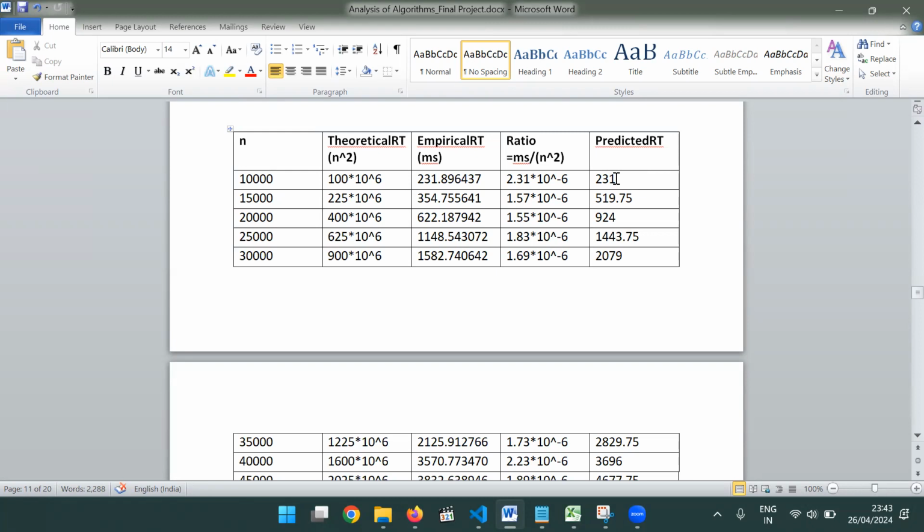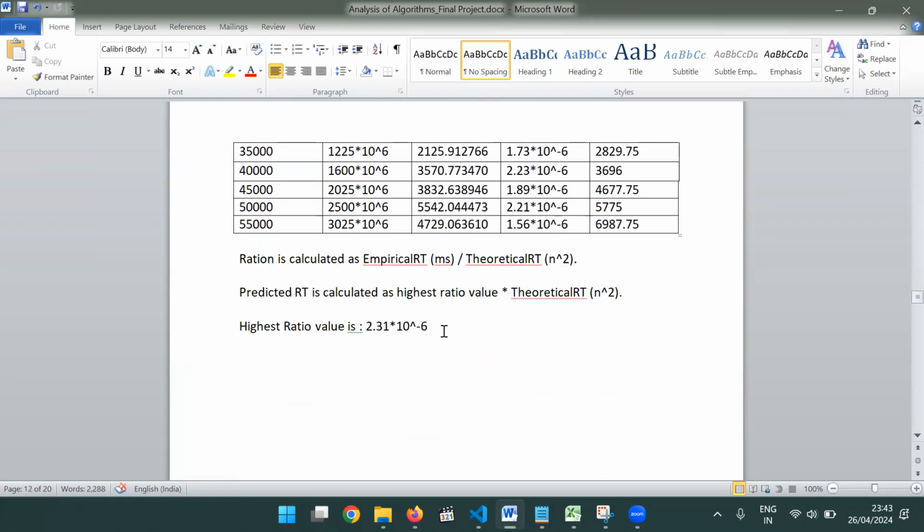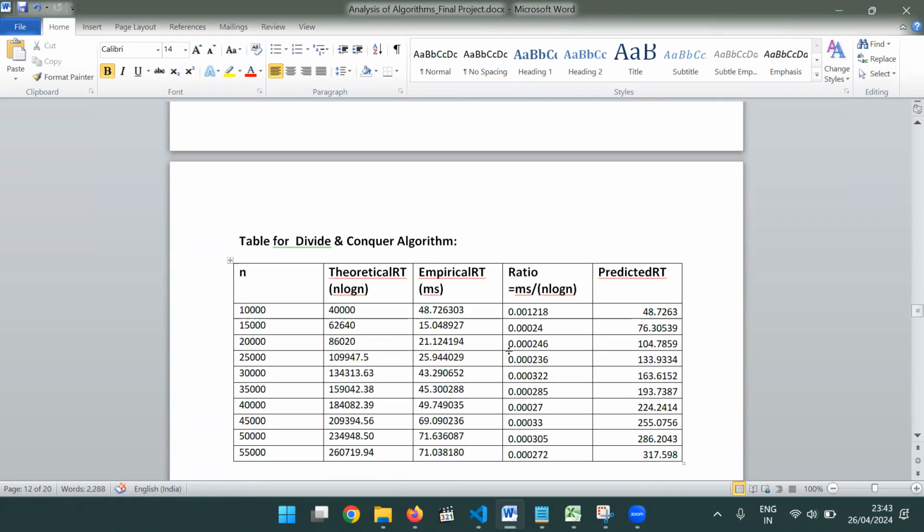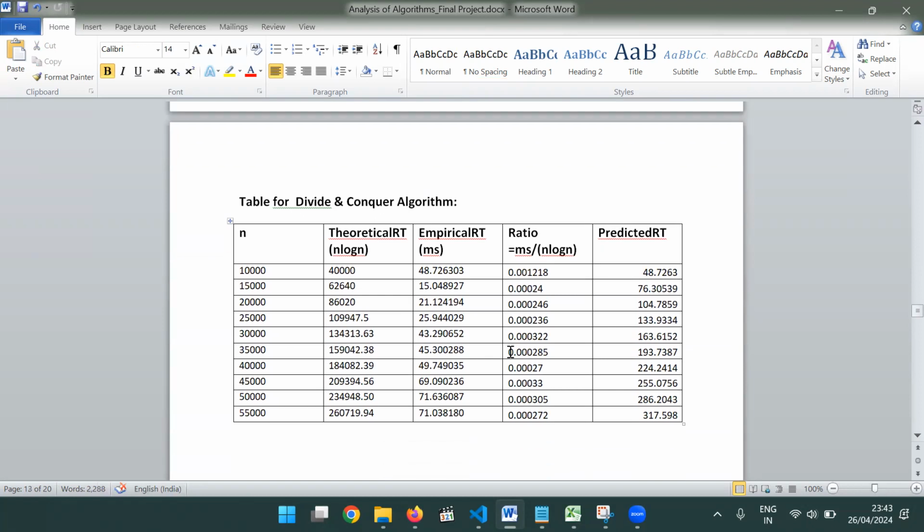The predicted value is the highest ratio calculated times the n square value. So here I have written the formulas that I have used in the table for brute force, and the same has been used for divide and conquer as well.